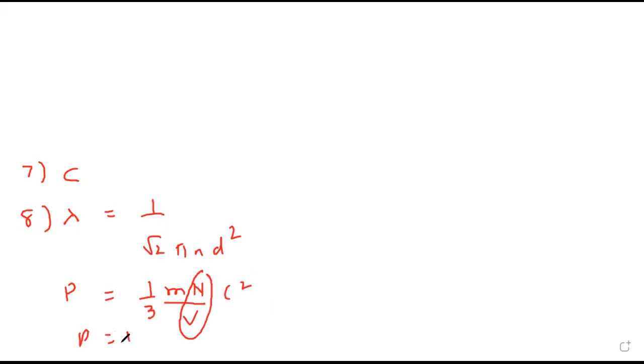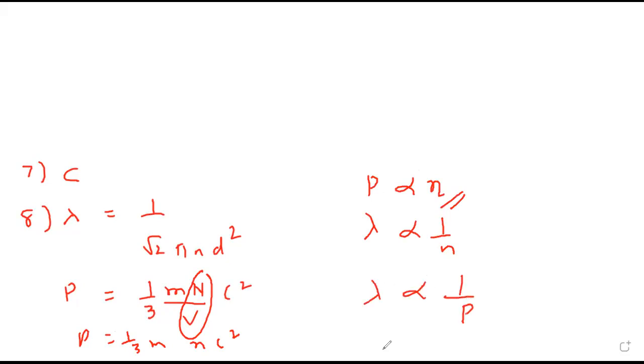So P is 1/3 small m small n into c square. That means, can I say P is directly proportional to n? Yes, sir. And mean free path is inversely proportional to n. Therefore, mean free path is inversely proportional to pressure. That means it is P raised to -1. Option B.